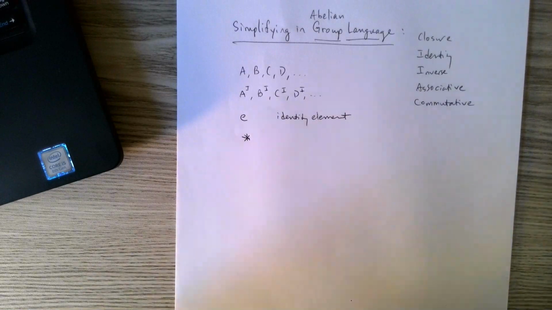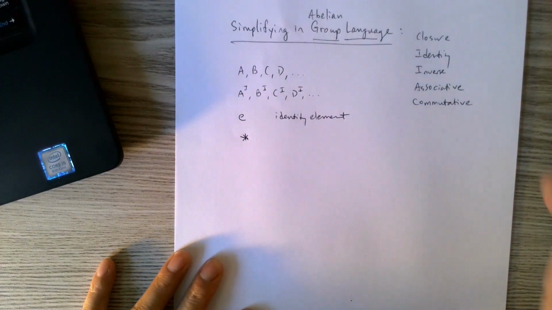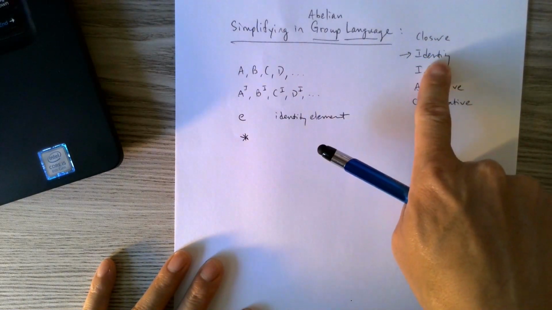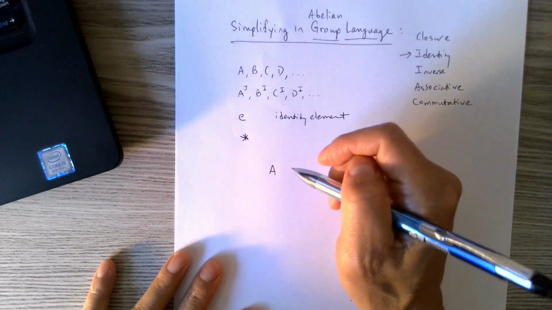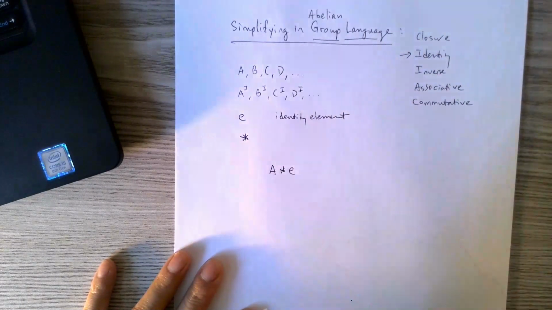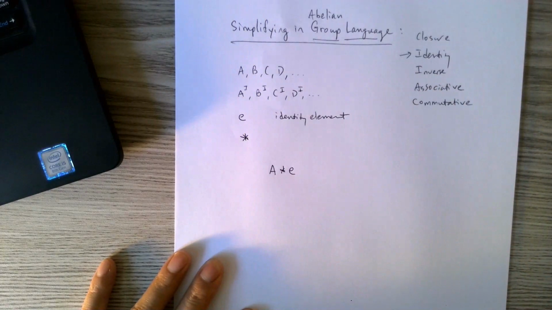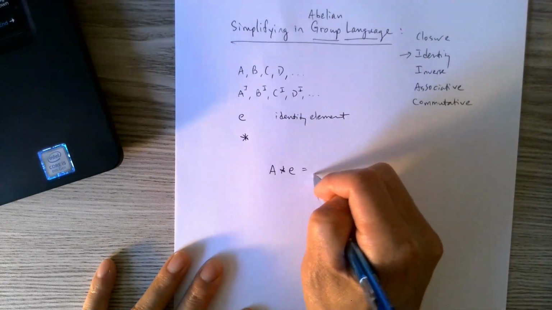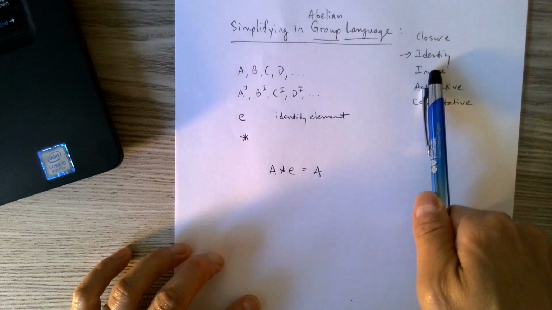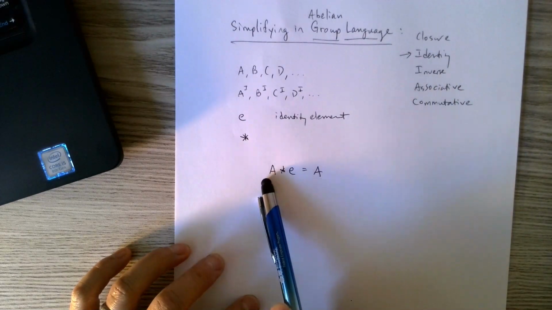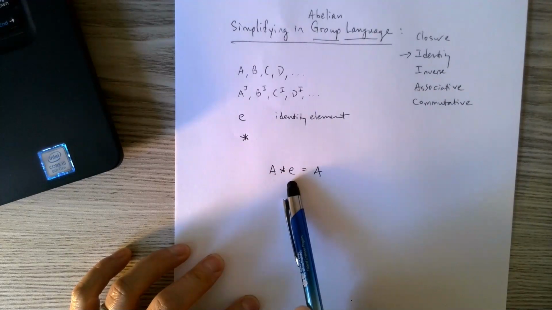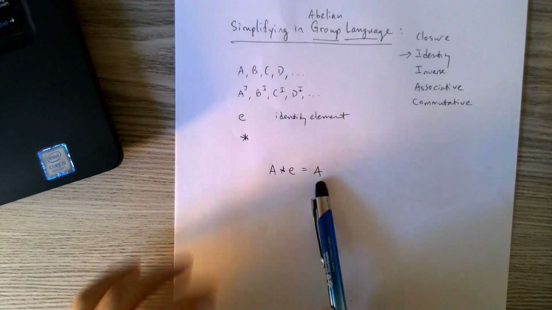So how do you simplify expressions that are in group language? Well, I'll start with one of the easier simplification maneuvers, which is using identity. If I ever see anywhere any element starred with the identity element, I know that automatically becomes A, because the identity property tells me that anything starred with the identity results in itself.